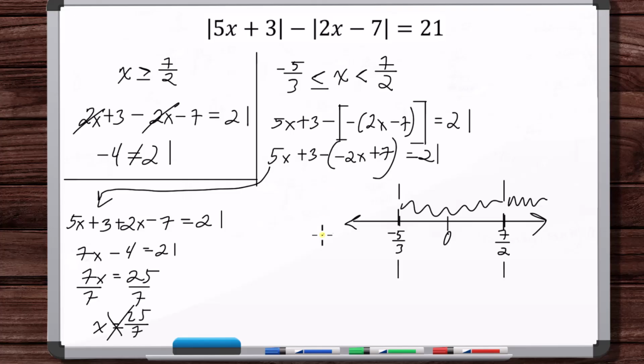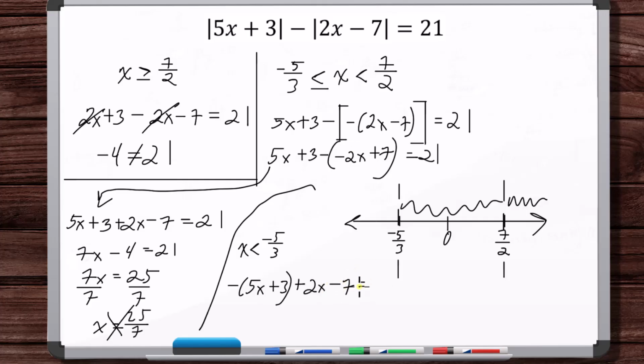Now, last we just need to do x is less than minus 5/3. And now we've accounted for all points. So if that's the case, then both of these are negative. 5x plus 3, and then this simplified, we're going to get plus 2x minus 7, right?